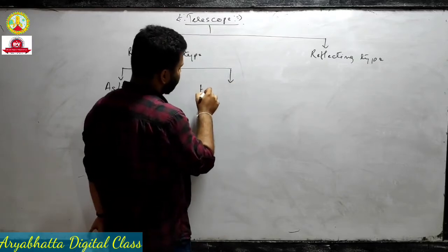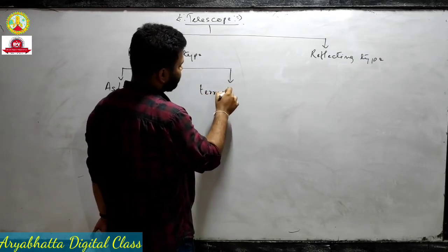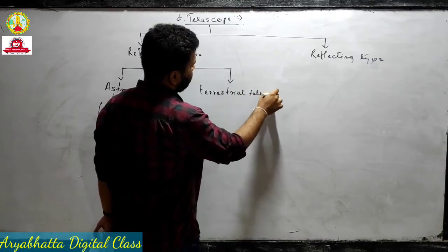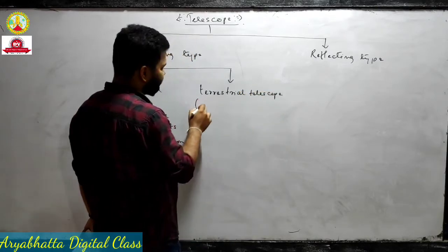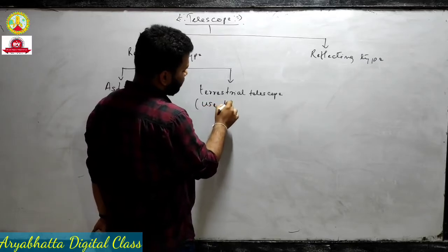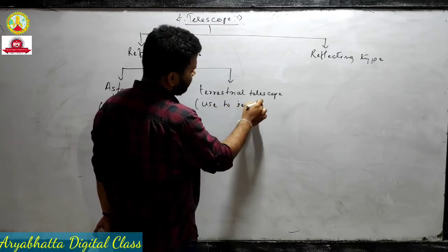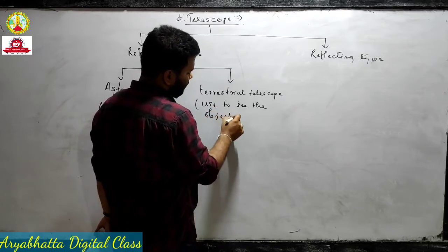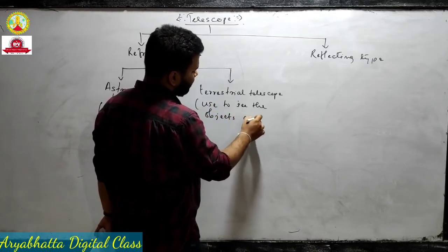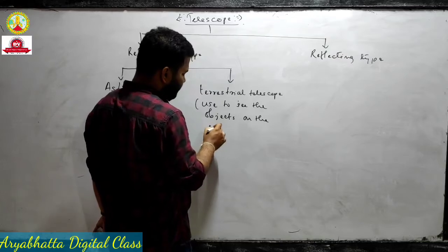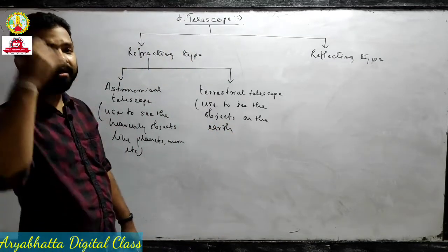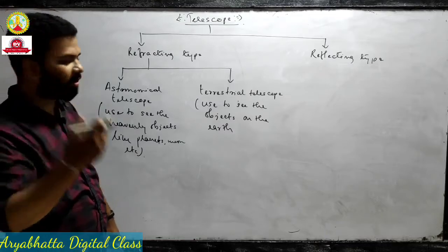After astronomical telescope, the next one is your terrestrial telescope. So terrestrial telescope is used to see the objects on the earth, that is the trees, houses, animals that are at far distance apart from our eyes.